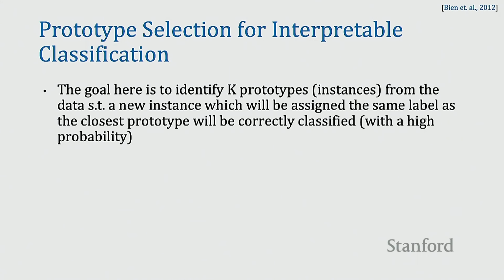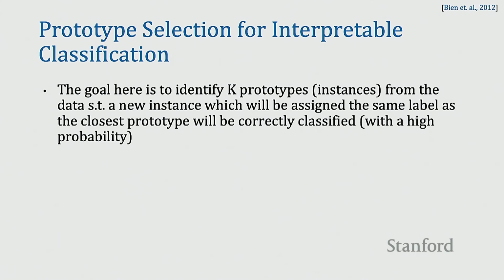So the basic problem we are considering here is to identify k prototypes or instances from a given data set, such that if there is a new instance, we can use these prototypes to assign labels for that instance.